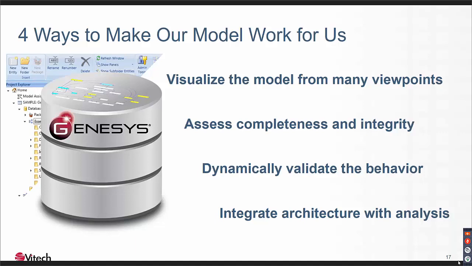Third, dynamic validation of that behavior. It's simply very easy to design a time machine. It's much harder to actually build one. And so this is a way to validate your design on the front end. And fourth, connecting the engineering rigor with the descriptive architecture.